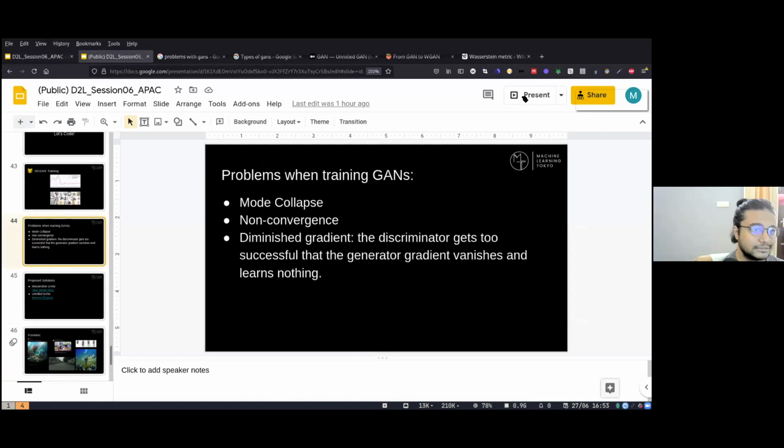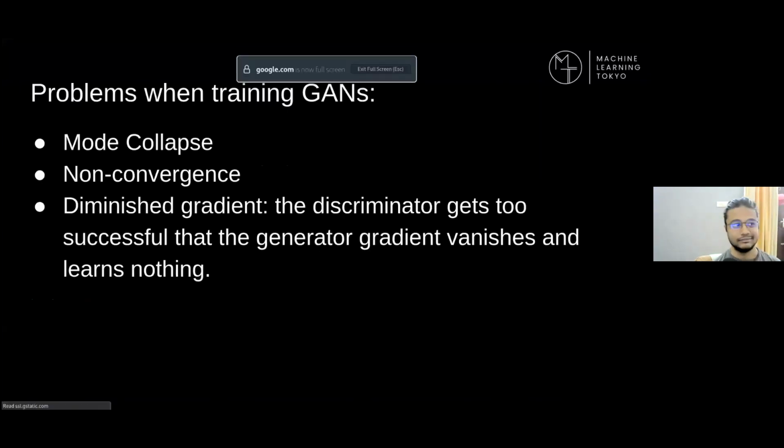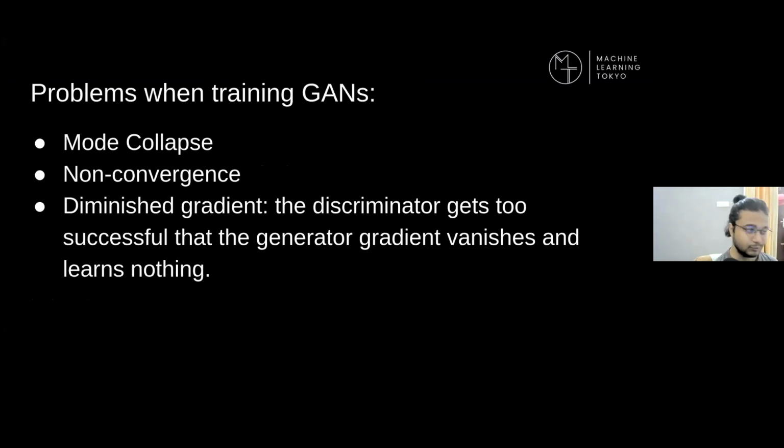It's the problem with training GANs. One of the problems is mode collapse and non-convergence, because it won't converge, and of course we have diminishing gradient problems. Mode collapse has already been a problem with generative models for quite some time.